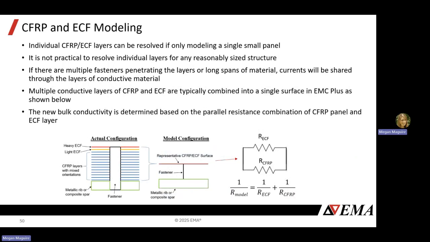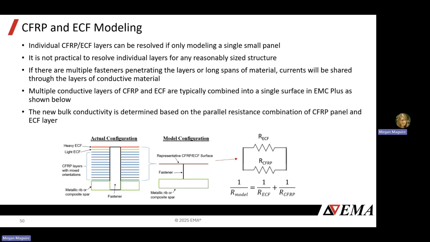One question you might have is, how do you model CFRP and ECF as a stack up? You can technically model the individual layers. However, that's not practical if you're looking at a full vehicle model, as you'd be looking at an extremely small cell size.